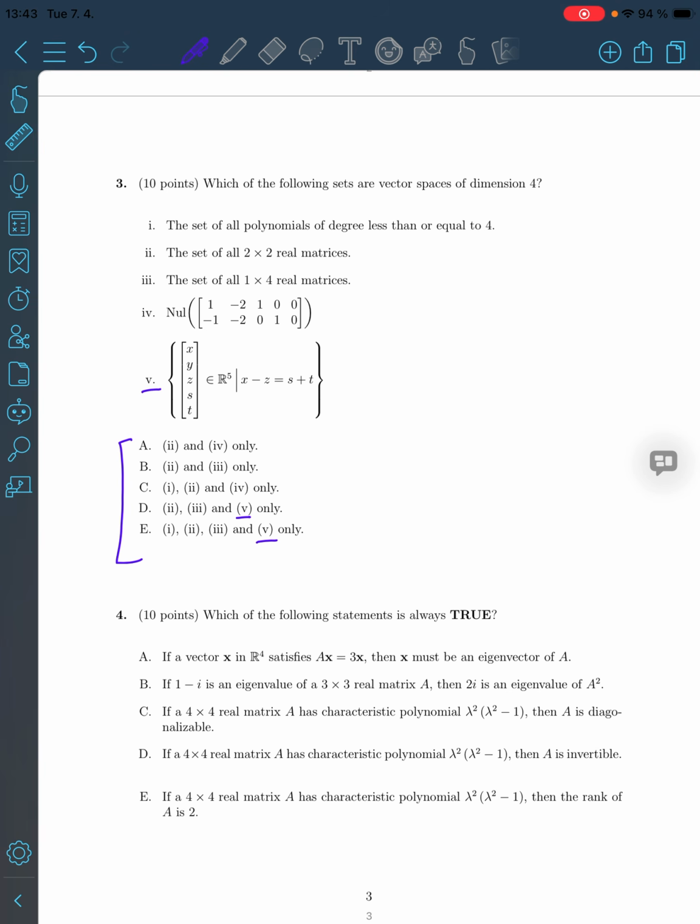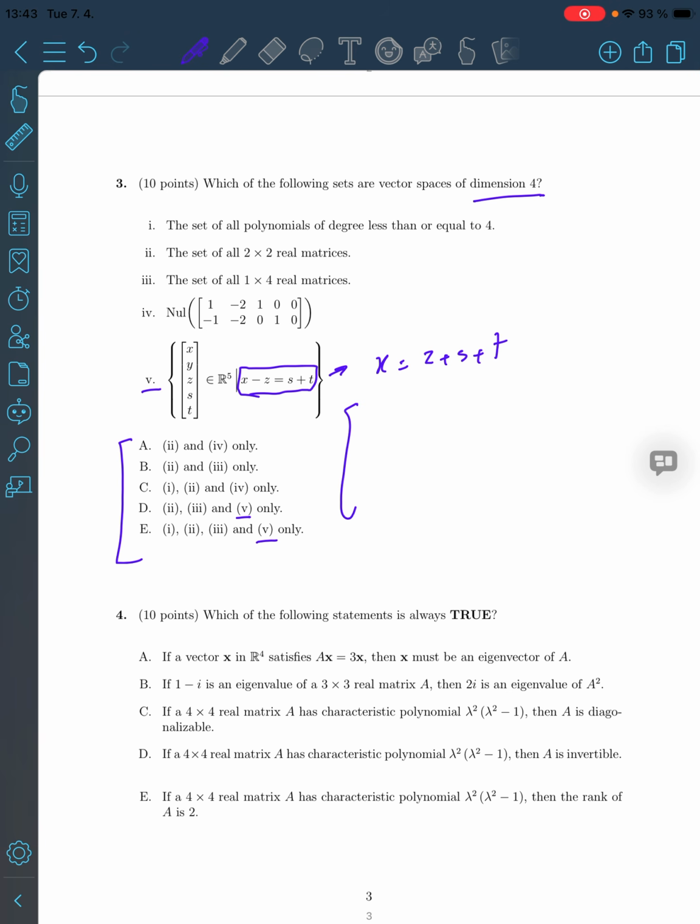Let's check this option. What's the question? The question is to find the subspace such that the dimension of this subspace is 4. So let's check whether the dimension of this space is 4 or not. You have this condition on your variables, so one can easily say that x is equal to z plus s plus t.